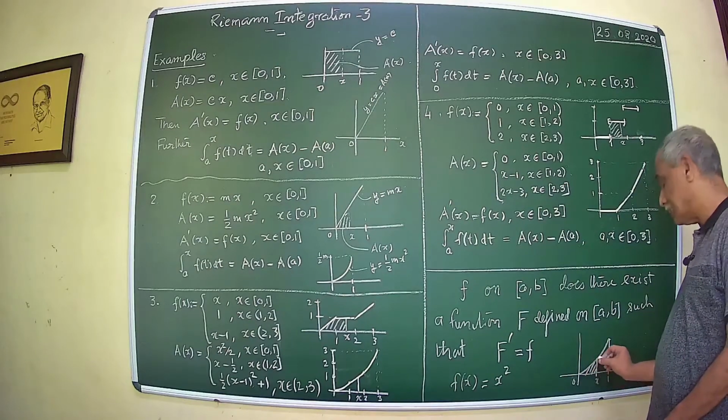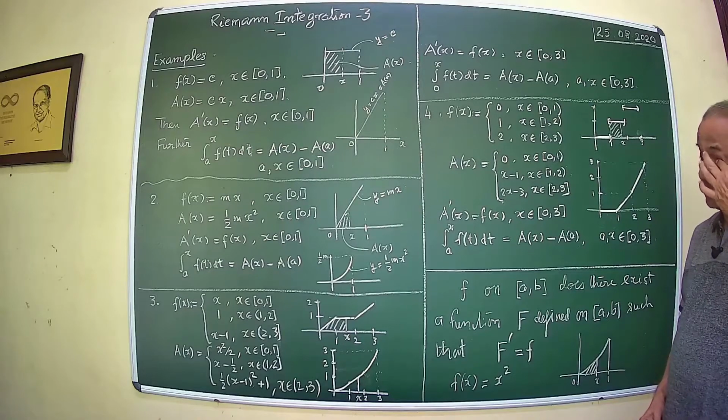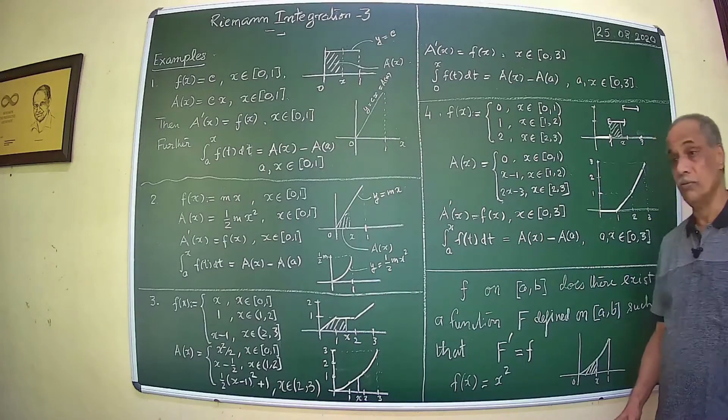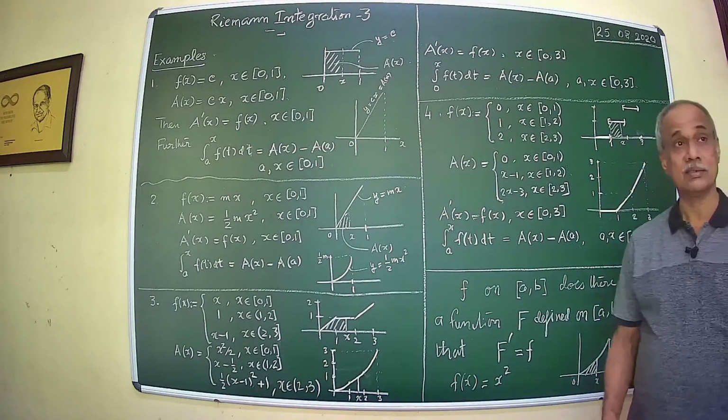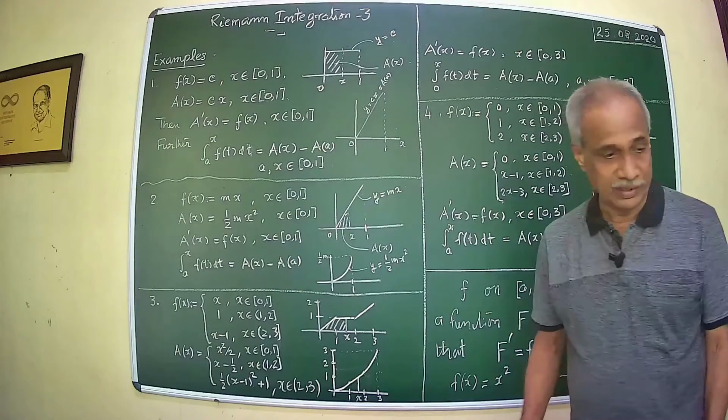Because first of all, this is not a polygonal region, and we cannot use our conventional method of finding the areas of rectangles and triangles and adding this up. So this is the difficulty even when you go to the function f(x) equal to x squared. So how do we work this problem out in those circumstances? So this is what we have to find out. We have to devise a method.